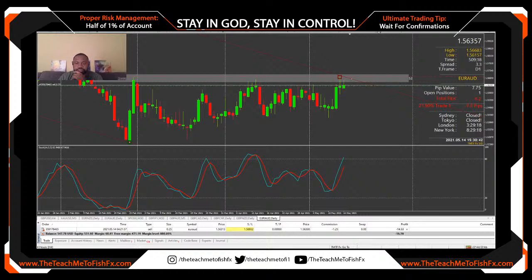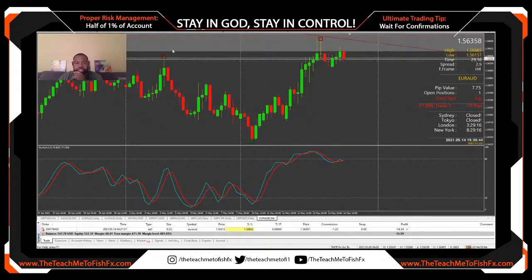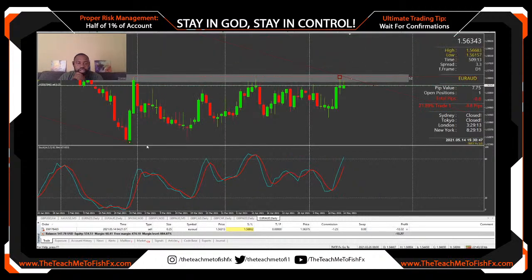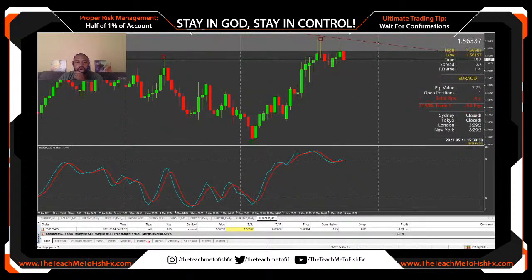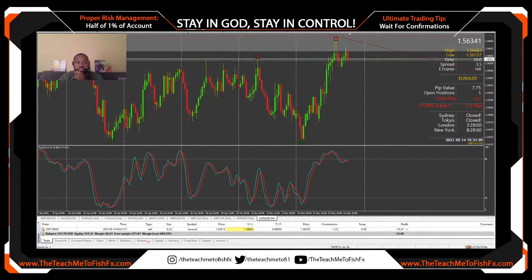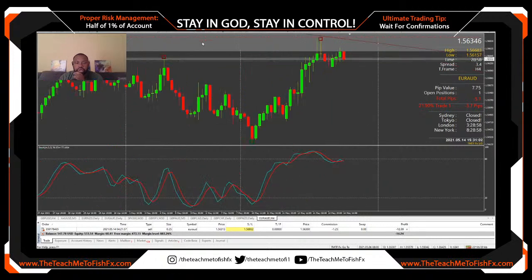Okay, drop down to the 4-hour. I also have my exhaustion squares indicator on here, just as a little bit more confluence. On the 4-hour we can see a nice trend that was broken.